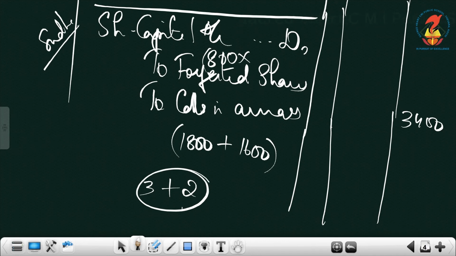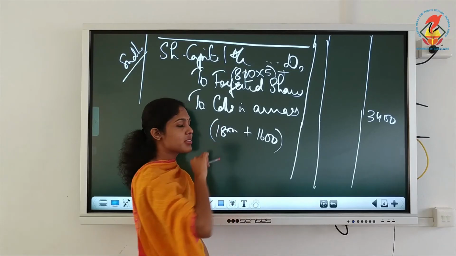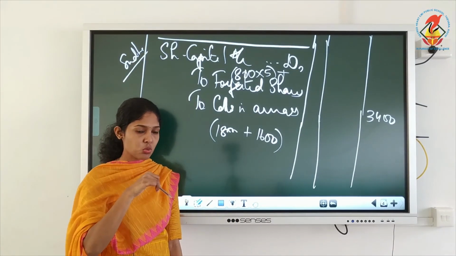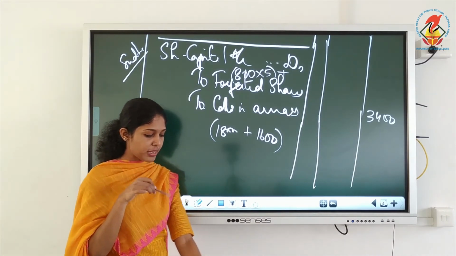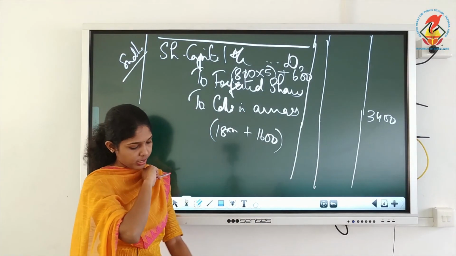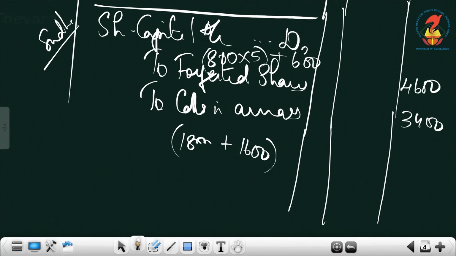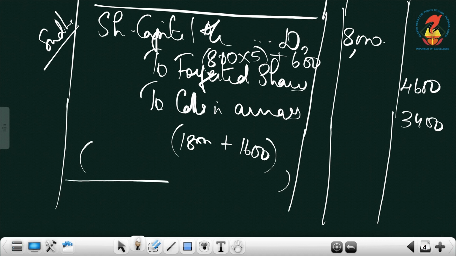So we received 3 plus 2, 5 from Sudha. So 800 into 5 plus you have received an excess amount from Sudha which is there in your individual calculation. Did you see an excess of 600? So that amount also you have to add. So that will be altogether 4600 as forfeited shares. Add this, write for share capital, the total you can write 8000. So forfeiture journal entry is over.